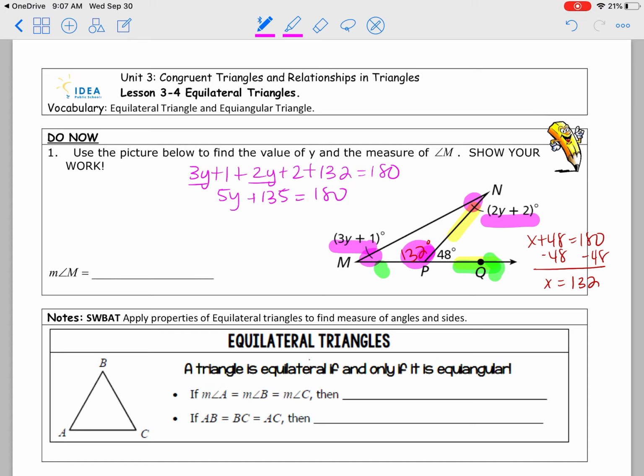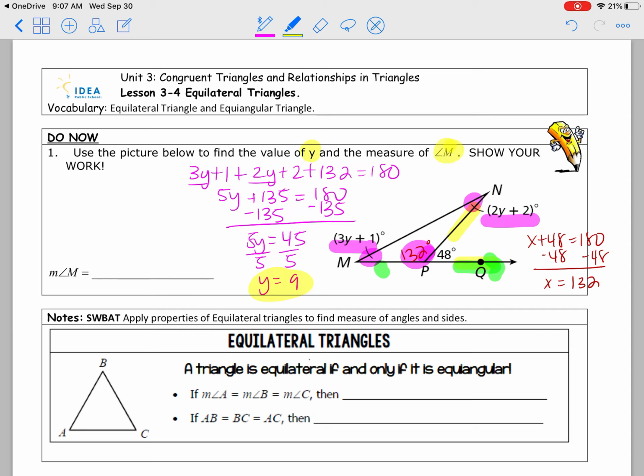And notice this is a two-step equation now, so we get rid of the constant first. 5y equals 45. And then divide by 5, and y equals 9. We have found the answer for y, but that was just part of the question.